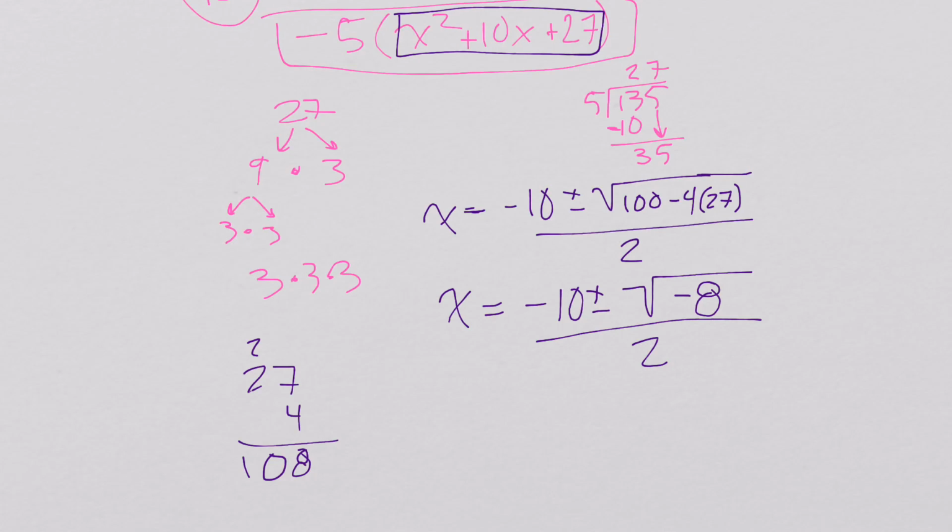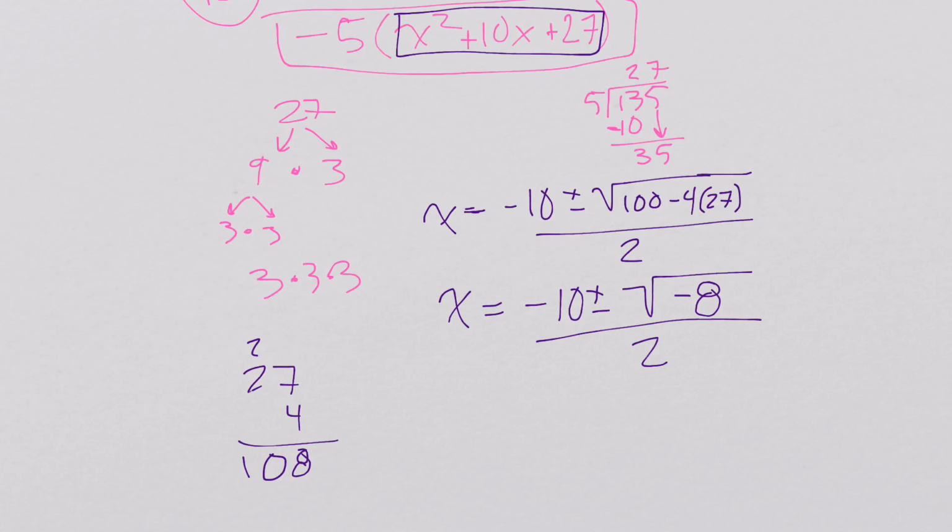And look, we have a negative inside the square root, which means imaginary solutions, which means not going to be able to factor with real numbers. So you can't really factor this one any farther than just pulling out that negative 5. So you got to be careful with that.